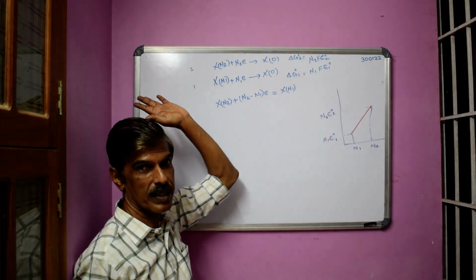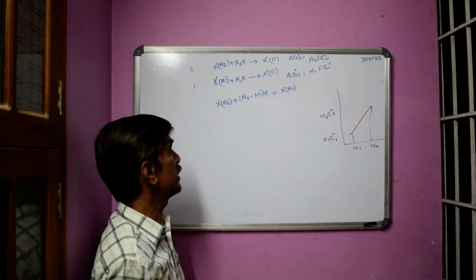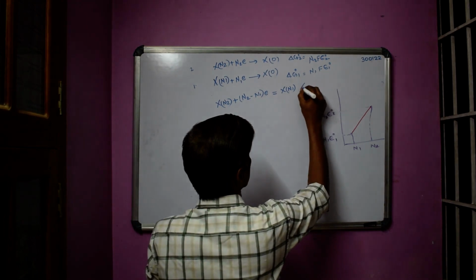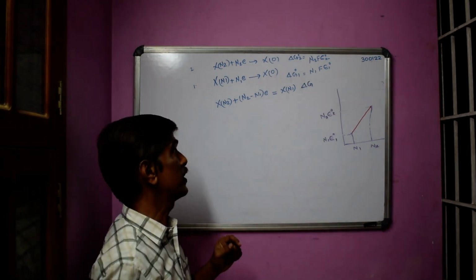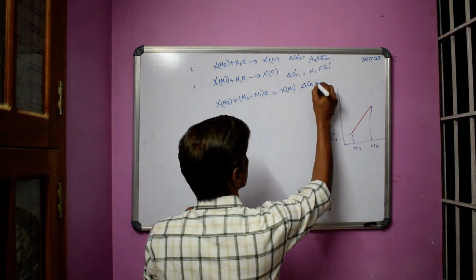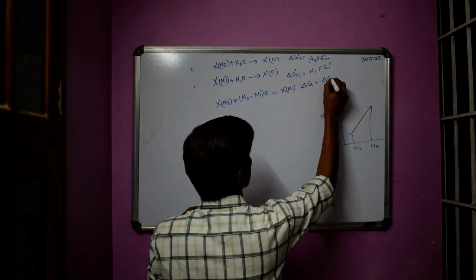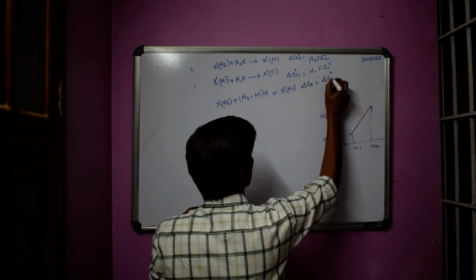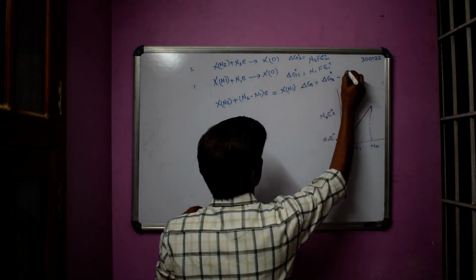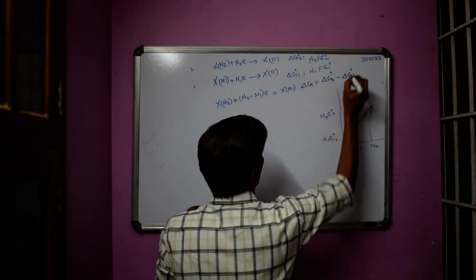Okay, and now we can see that for this reaction, delta G is equal to delta G02 minus delta G01.